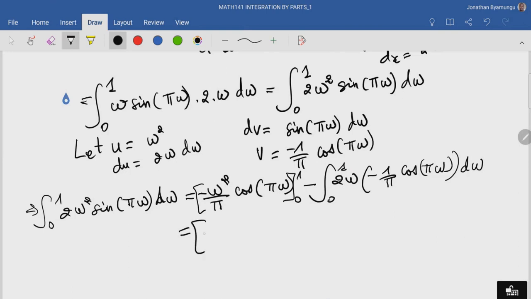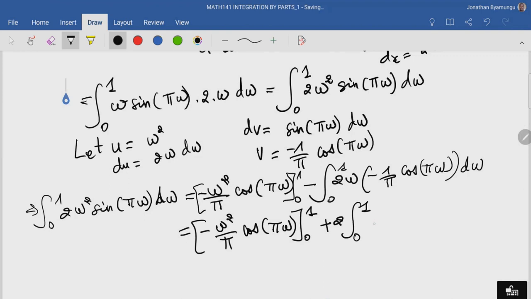So the integral becomes negative w squared over pi multiplied by cos pi w, evaluated between 0 and 1, minus, it's going to be minus minus, so plus, multiplied by the 2, so that's 2 multiplied by the integral from 0 to 1 of w.